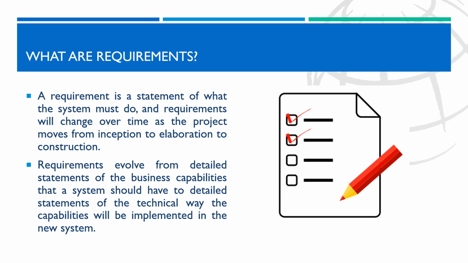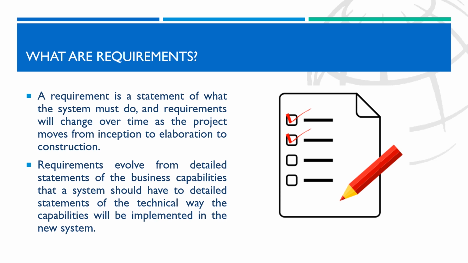During analysis, requirements are written from the perspective of the business person, and they focus on the what of the system because they focus on the needs of the business user. They are usually called business requirements and sometimes user requirements.